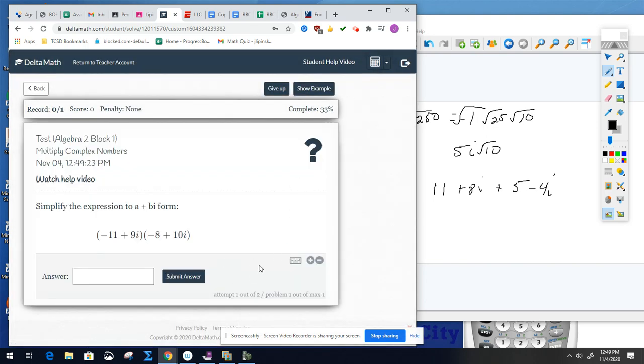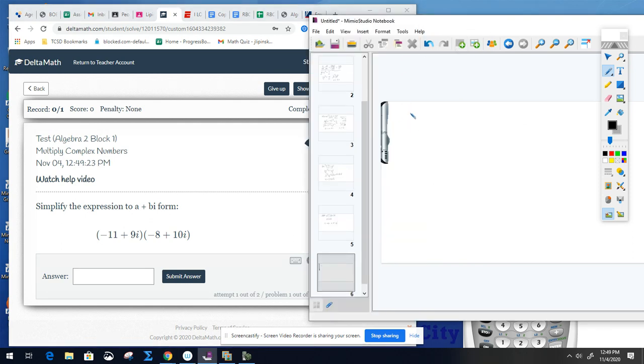Okay. Now we're going to multiply. So in this one, and again, I highly encourage you, use your calculator. I'm not going to. I'm going to show you how to do it. I already showed you how to use a calculator, so we're going to FOIL this. That gives me a positive 88 minus 110i minus a 72i, and then plus a 90i squared.